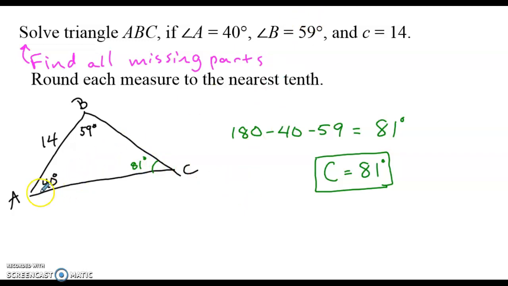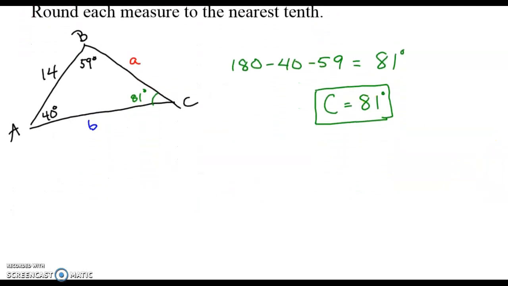Next, the other missing parts I need to find would be side length a and side length b. And to find those, I need to use the law of sines.